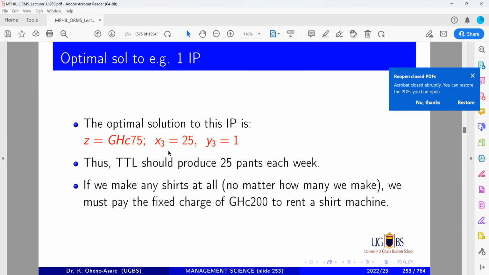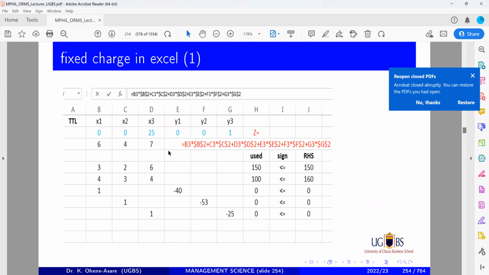Okay, that's what we got to do. I think it's supposed to be pants, isn't it? I want to believe that it's pants. And a pant is supposed to be 100, I guess. The third one, Y3, and then X3. So that is how you got to do it.